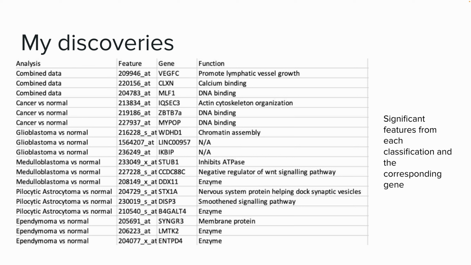And then looked into the functions of those genes or the proteins that they coded for to see if there was anything in common. And it kind of appeared that there was no overlap between any of the individual brain cancers or cancer as a whole.